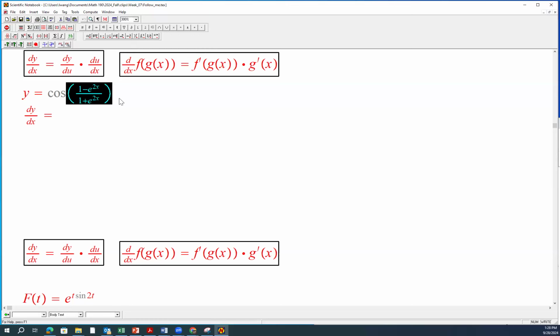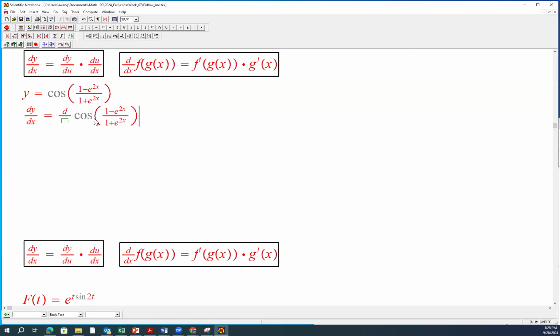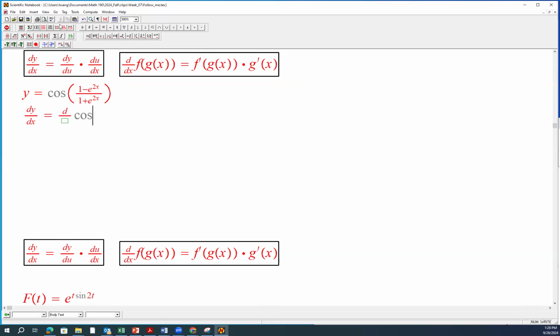Okay, not explicitly, but in my mind, this is u. Okay, so I'm going to differentiate cosine. So in my mind, this is what's going on. So this is a u, du, right? So we're looking at that part, multiplied by du dx.